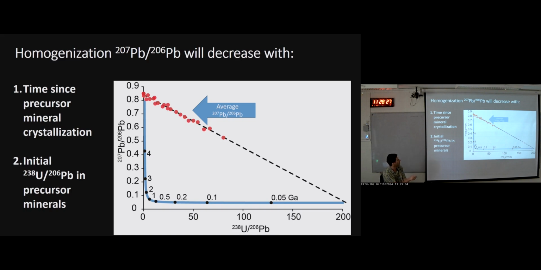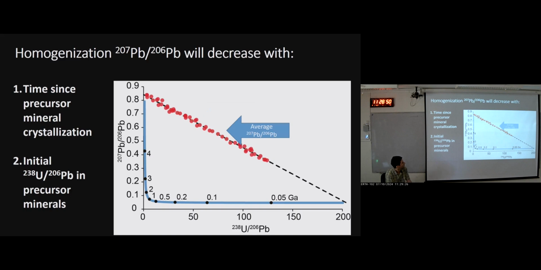The more time passes, the steeper this slope will be, and the lower the average 207 to 206 will be, right? And the second thing is, what is the initial or average of the initial uranium-238 to lead-206 in the system? Because if this ratio is higher on average, then the homogenization value will be lower.